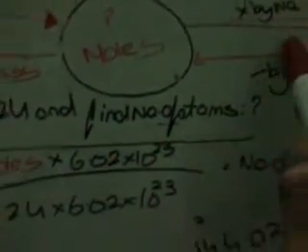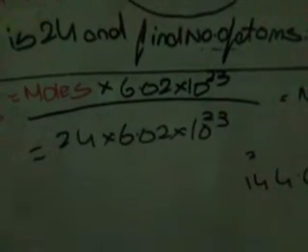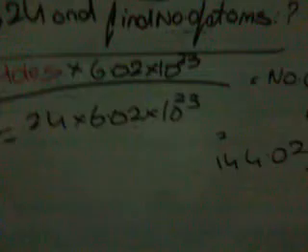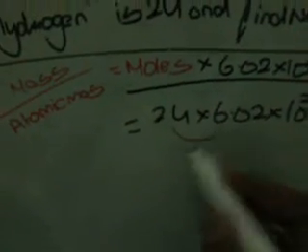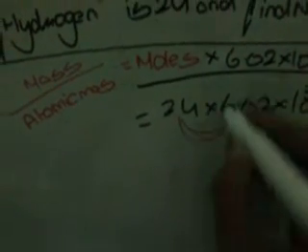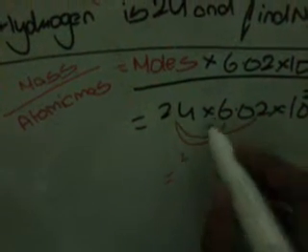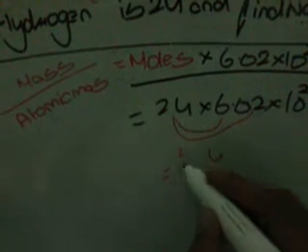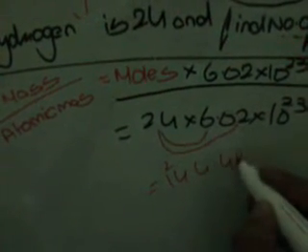Then 24 multiplied by 6.02 times 10 to the power 23. The easiest way to calculate: 24 times 6 and 24 times 2, which gives 144.24 and 2.48 times 10 to the power 23.